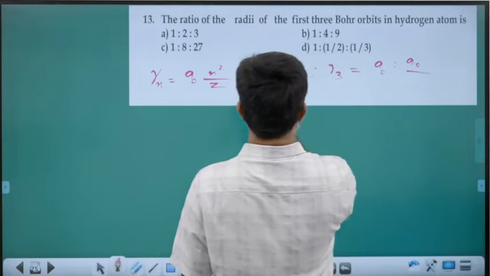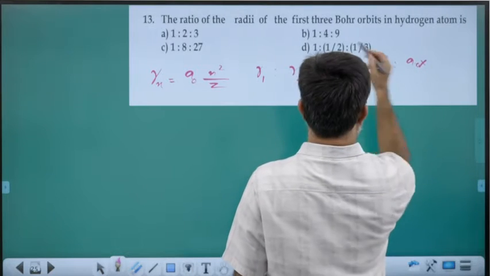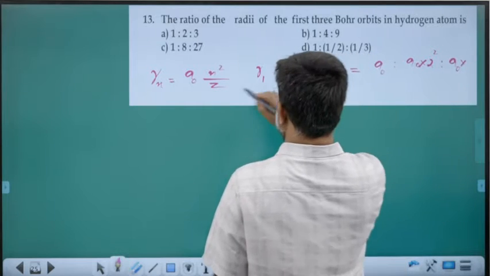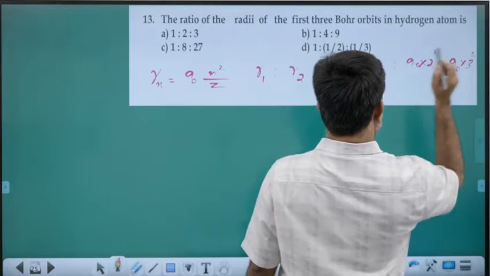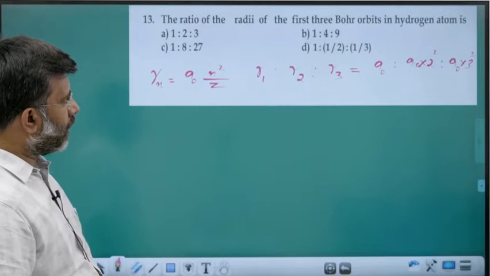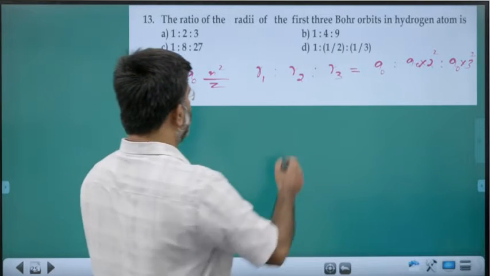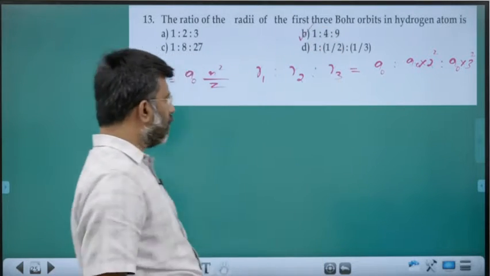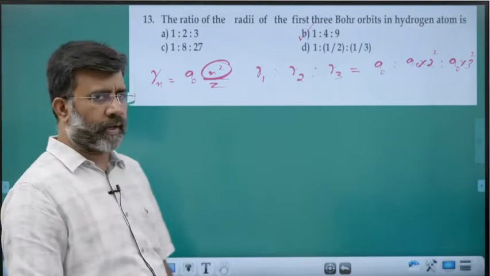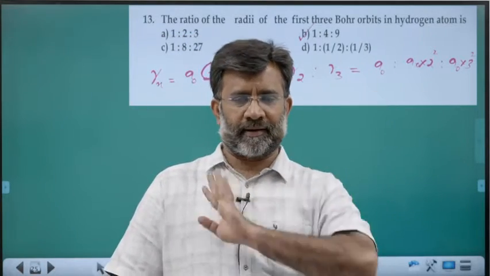It is A0 into 1 square, A0 into 2 square, and A0 into 3 square. So what is the ratio? A0, 4A0, 9A0. So it is 1:4:9, option B, as Rn is directly proportional to n square. So 1 square, 2 square, 3 square, 1:4:9. Over.